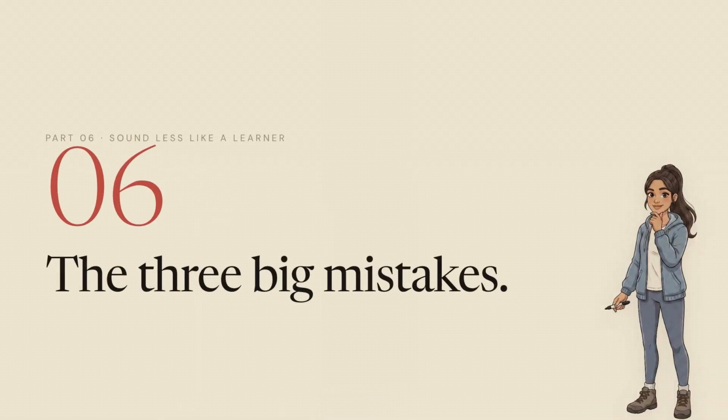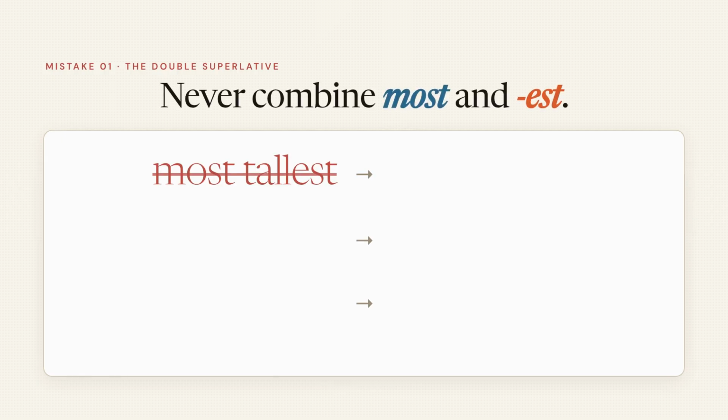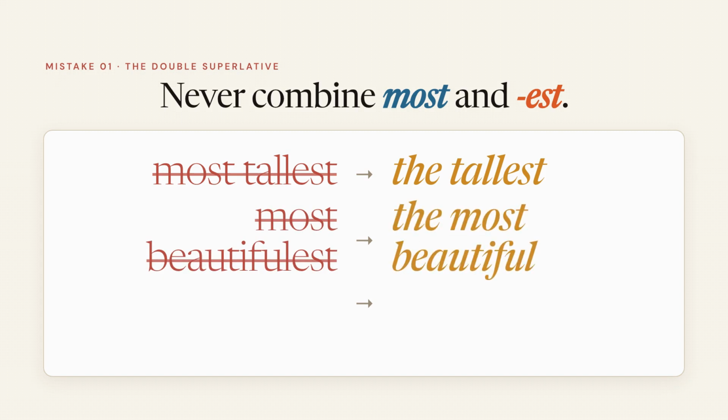Moving on, the mistakes, the stuff that quietly makes you sound less polished. Let's clean them up. Mistake 1, the most tallest. Same trap as last time. You never combine most and est. It's the tallest. We never say most beautifulest. It's the most beautiful.